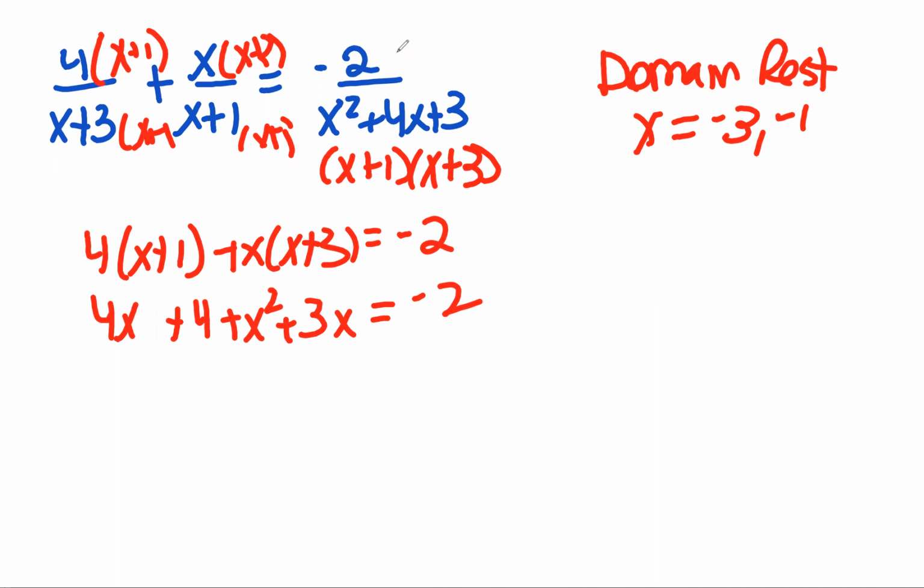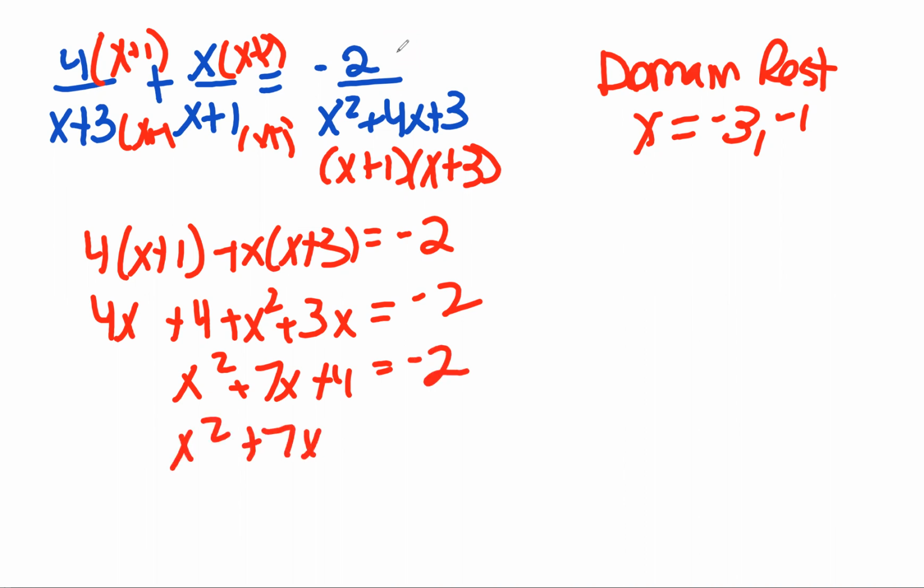Combining your like terms together, x squared plus 7x plus 4 equals negative 2. So x squared plus 7x plus 6 equals 0. This time it factors.